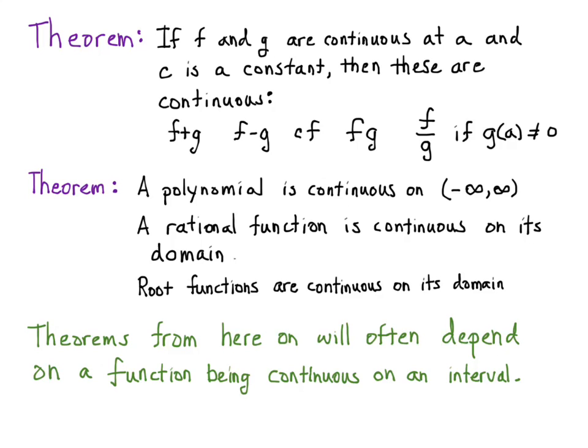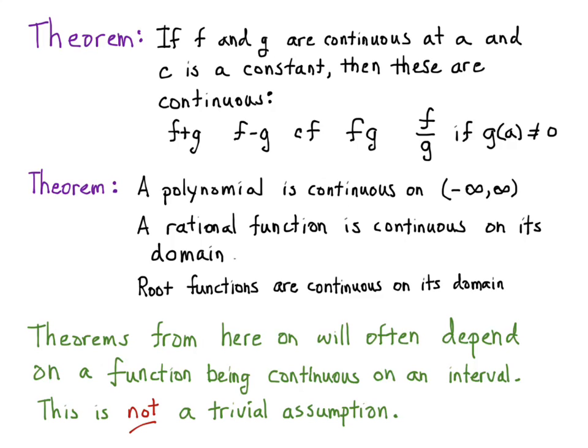What we're saying is, if these conditions exist, then this theorem is true. A lot of the theorems that we're going to have from here on are going to be like that: if this is a continuous function, then these properties apply. This may look like a trivial assertion, but it absolutely is not trivial.